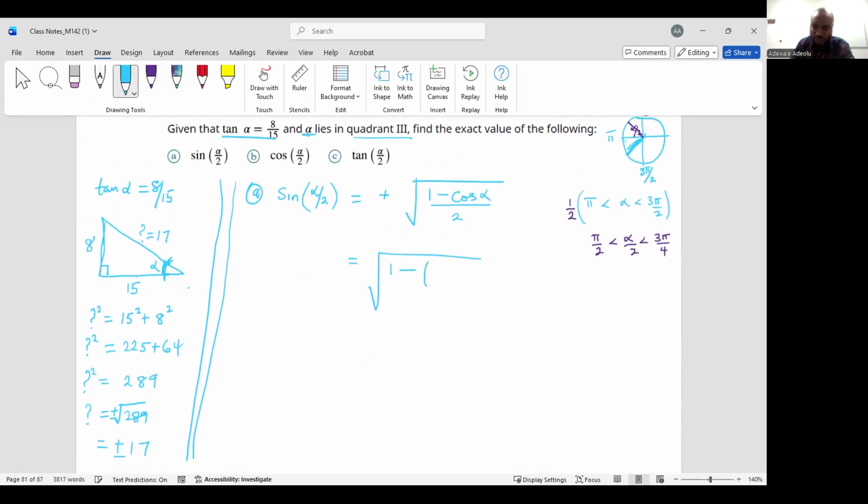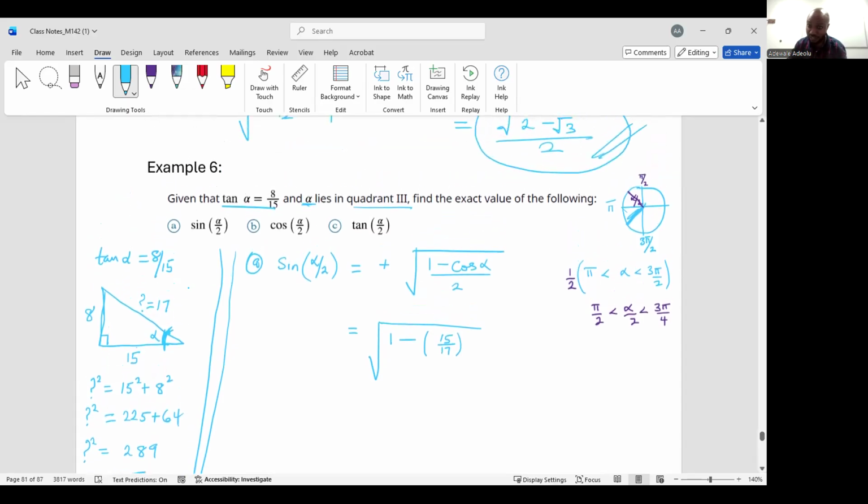So that is 15 over 17. Is it plus or minus? Alpha itself is in Q3 and cosine is negative there. So we have minus 15 over 17. Try to make sense of that.